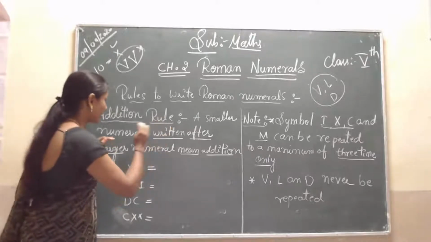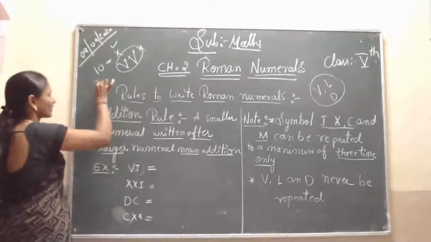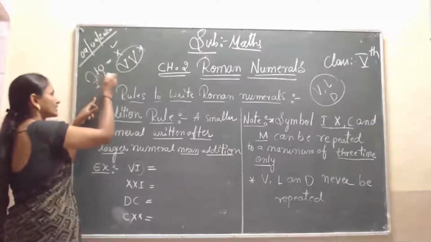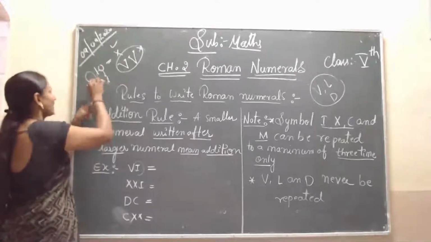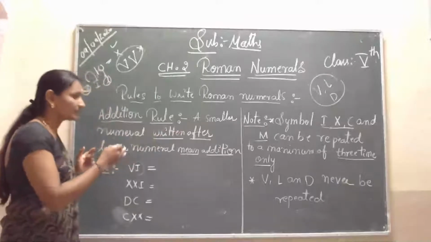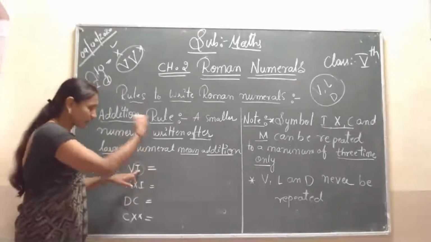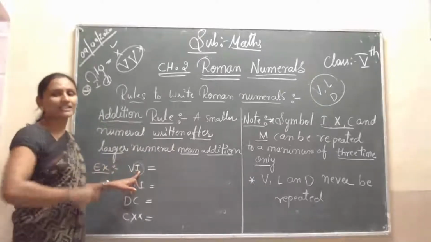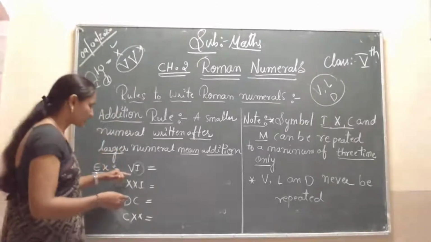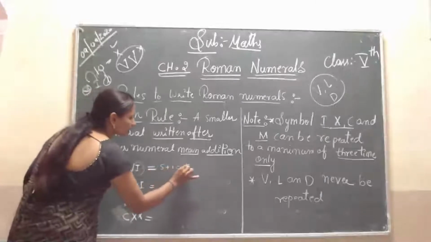So a smaller numeral is written after the larger numeral, which here is 5. A larger numeral means you add. V is 5, so 5 plus 1 is 6.